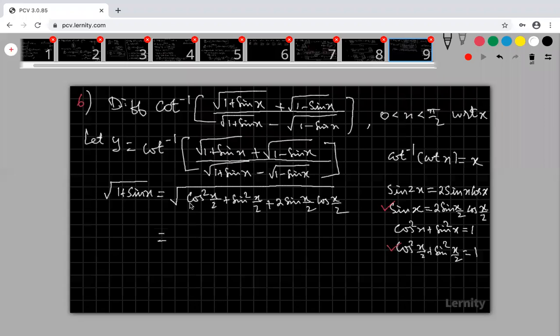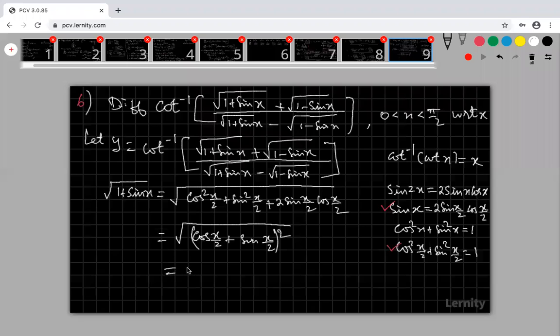Now look at that. This looks like the a square plus b square plus 2ab formula. Therefore, cos x by 2 plus sin x by 2 the whole square. Okay, my square and root will get cancelled.